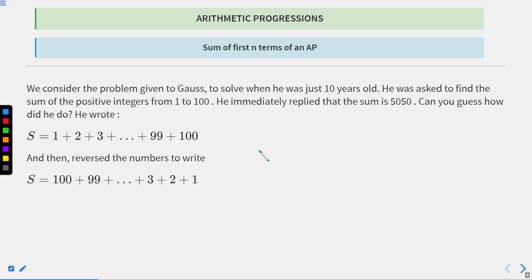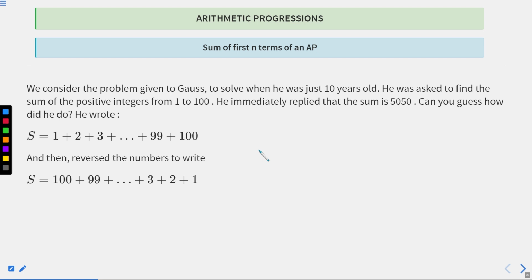Basically, he did this process. He wrote the positive integers from 1 to 100 and added them. So he wrote S is equal to 1 plus 2 plus 3 plus 4 plus dot dot dot plus 99 plus 100. Then wisely he wrote these numbers in the reverse way.